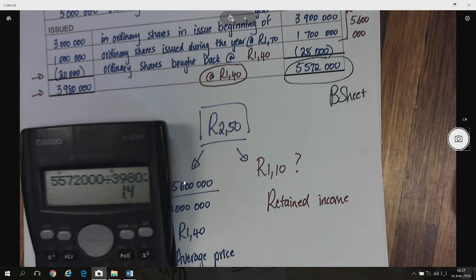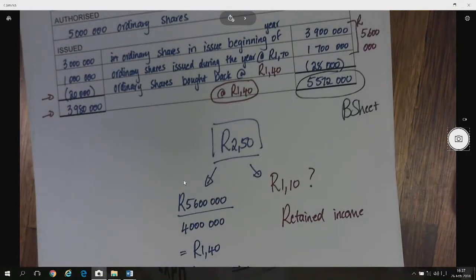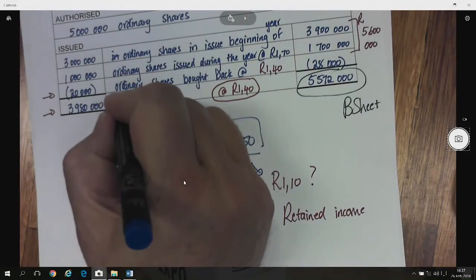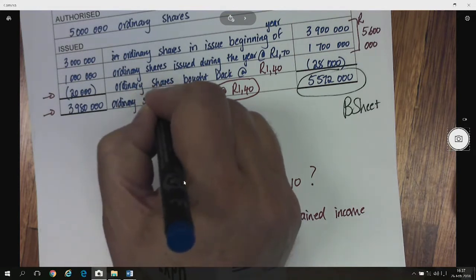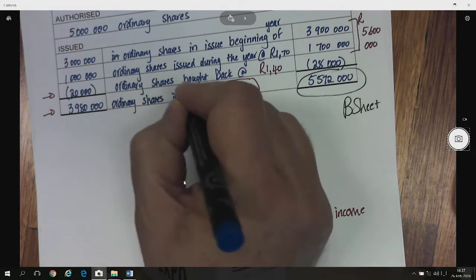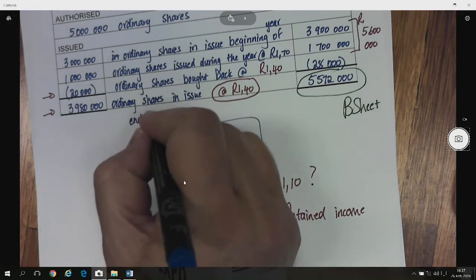That is because the last action was at average price, so your balance at the end of the year will always also be at average price. But you just say ordinary shares in issue, end of the year.